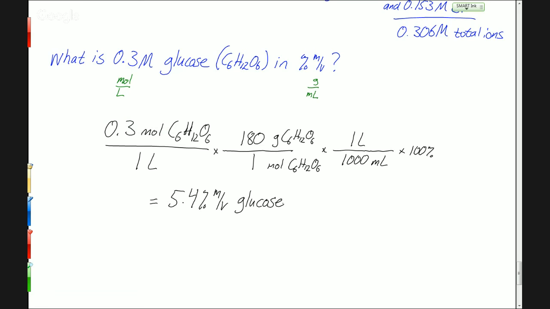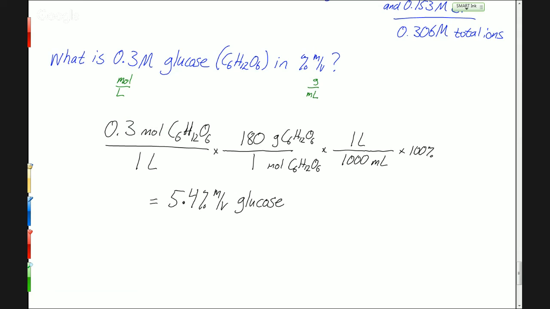So that can be really helpful from a solution prep standpoint, that we know, okay, we want to make an isotonic solution of glucose. So an isotonic solution is 0.3 moles per liter. We calculate this out, and that tells us we need a 5.4% solution. So whatever volume we need, we just multiply that by 5.4%, and we know exactly how much glucose we need to weigh out to put in there.